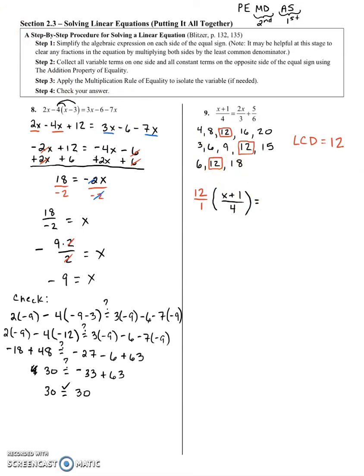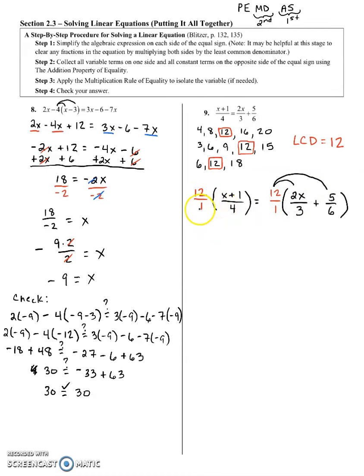Okay, and now we have 12 over 1 times the whole right-hand side of the equation. So this is 2x over 3 plus 5x in parentheses that we have to multiply the 12 by. What does that mean? That means on the right-hand side, we must distribute.